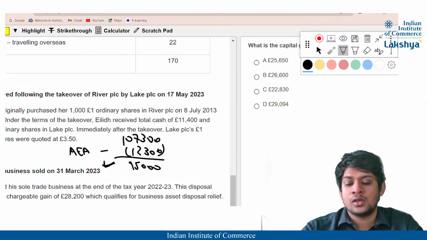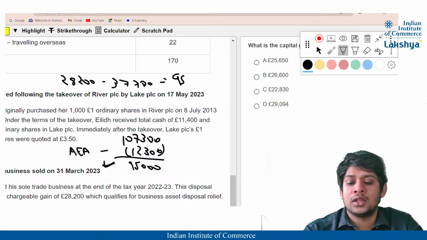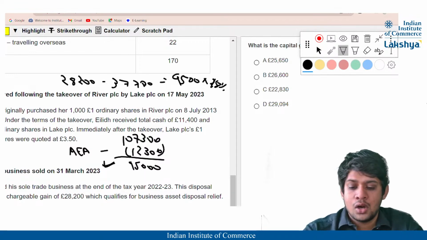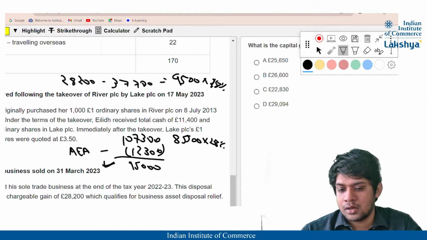So on this 95,000, guys, she will be charged the tax on the residential property from 28,200 to 37,700. That is on 9,500. She will be charged 18%. And on the remainder, 95,000 is the total, from which 9,500 you charged 18%. So minus 9,500, on the remainder 85,500 you will charge 28%, right?